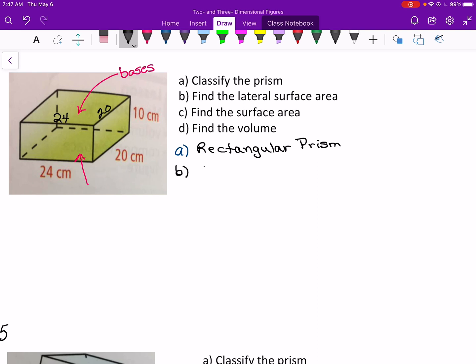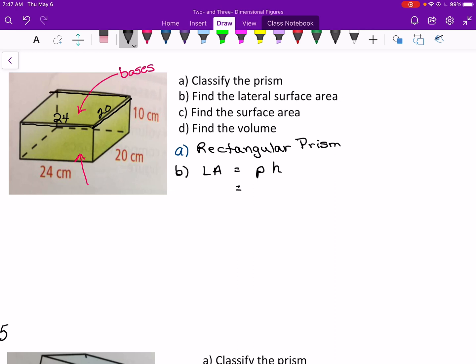All right, lateral surface area. Lateral area can be found either by adding up all the separate faces or finding the perimeter, multiplying it times the height. Perimeter. This thing is 24 wide. 20 goes to the back.